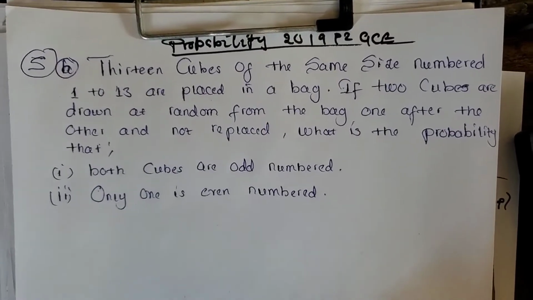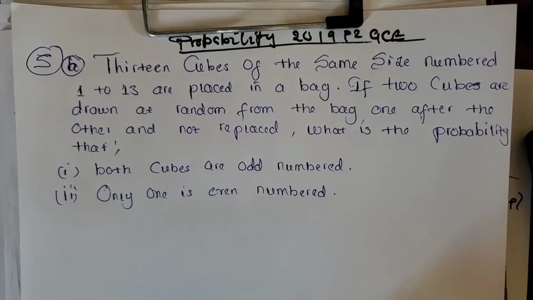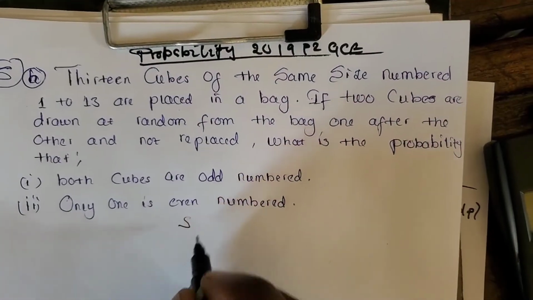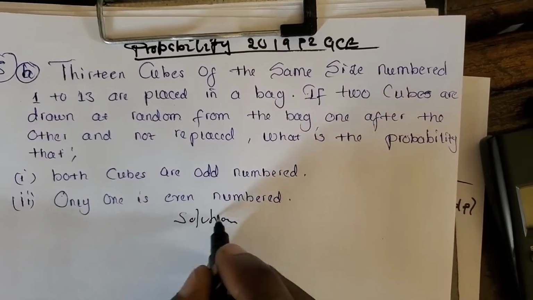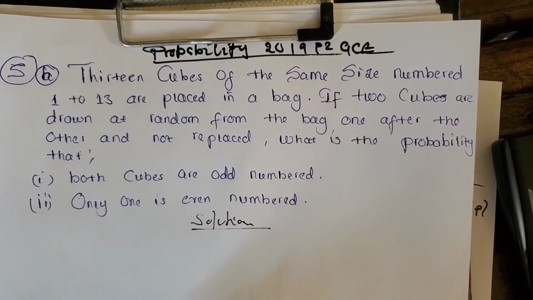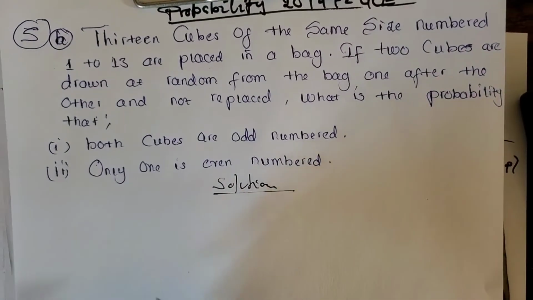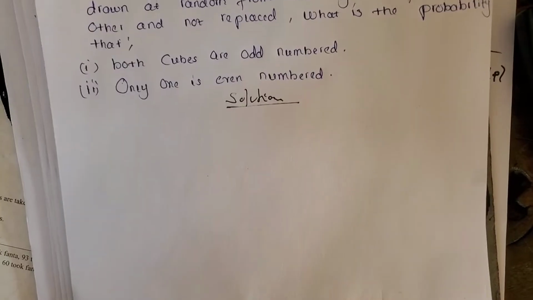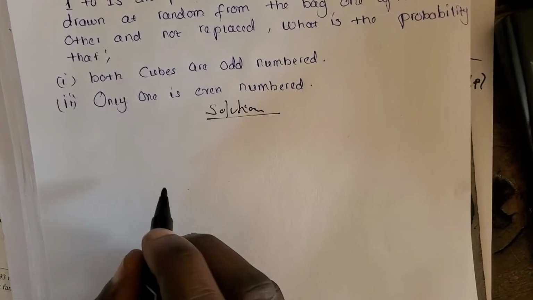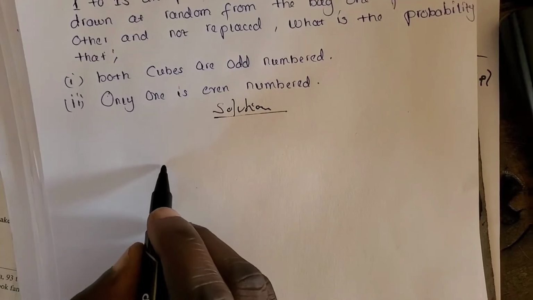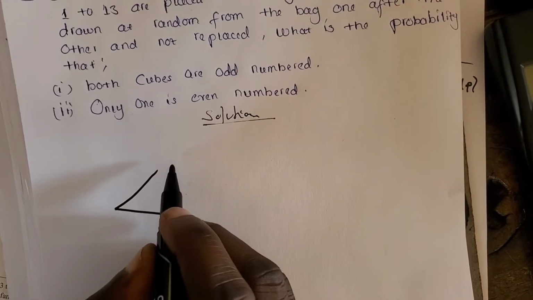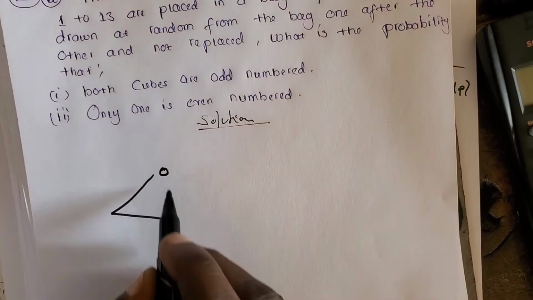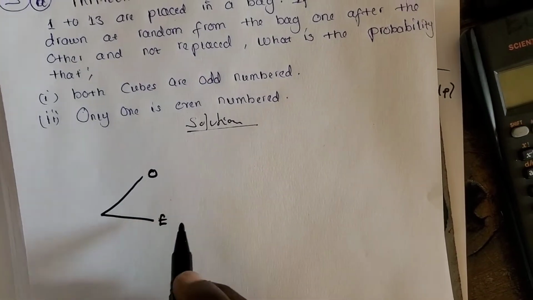Okay? So, what we can do to help us answer this question is to draw the tree diagram. Our tree diagram is going to have 2 branches. So like this, first picking, we're going to have odd numbers, then also even numbers.